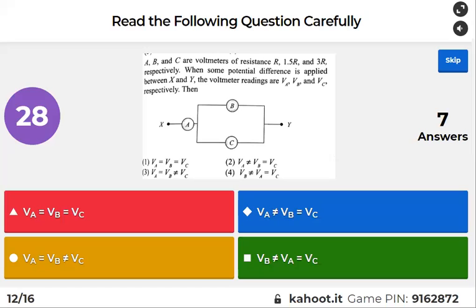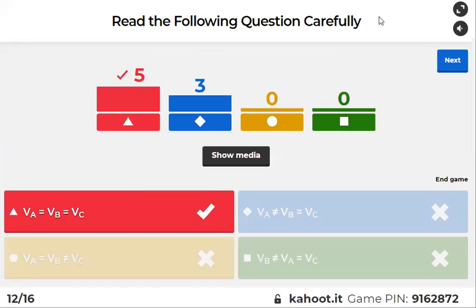Okay, Jai Sharan. Jan says VA is equal to VB is equal to VC. है ना? Right? Okay.